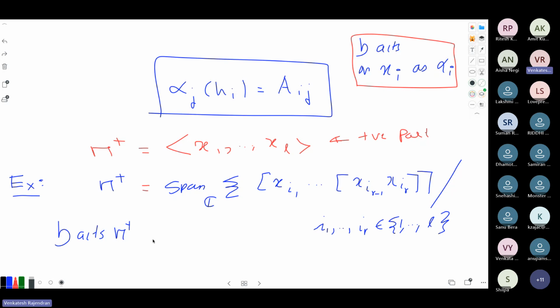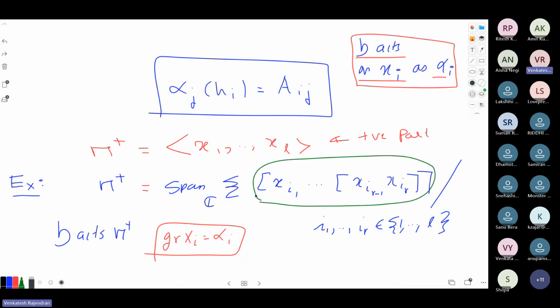The grading that you are assigning is the grade of xi to be alpha i. So H acts on xi by alpha i. How will H act on this right-normed bracket? It will act as a derivation. The weight is exactly alpha i1 plus etc. plus alpha ir.